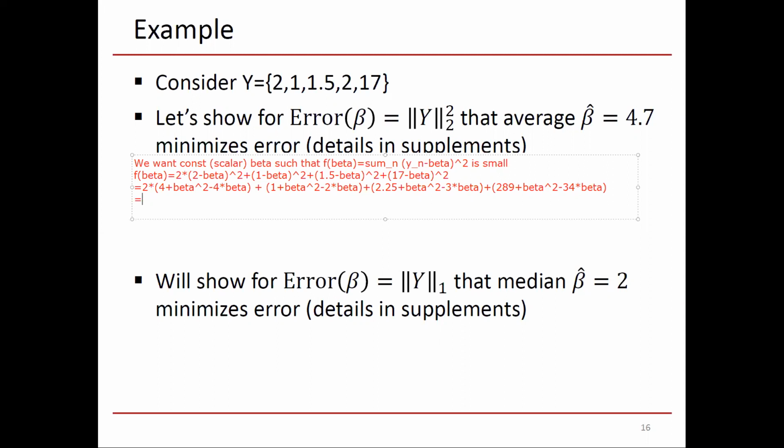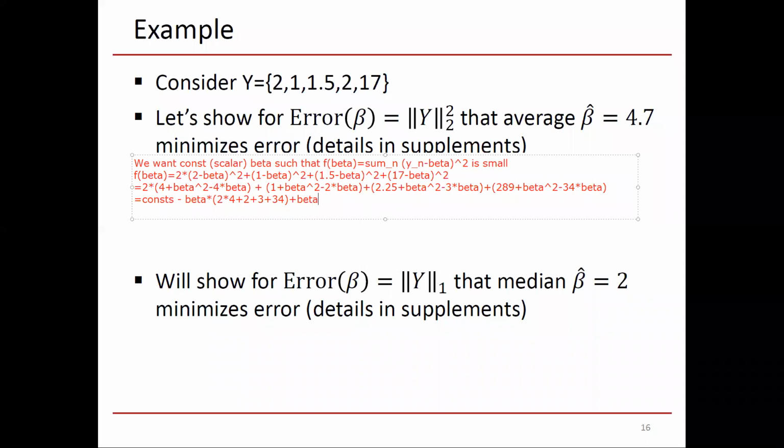So let's think about what we have. We have constants. Plus we have, or rather minus, beta multiplied by 2 times 4, and 2 in the next expression, 3 in the next expression, and finally 34.